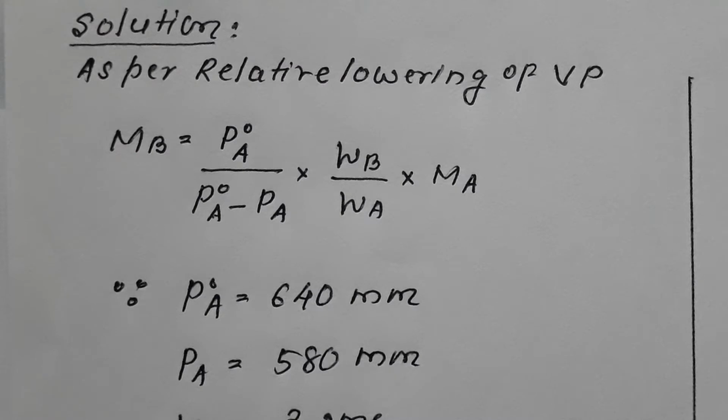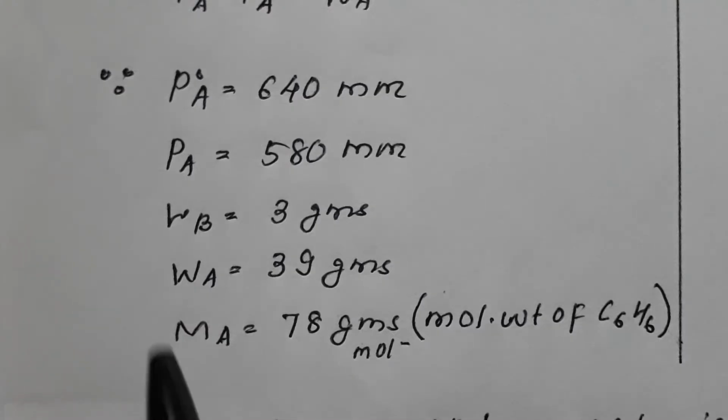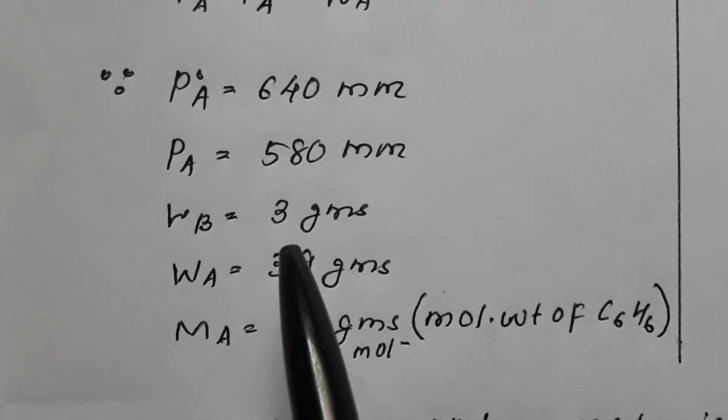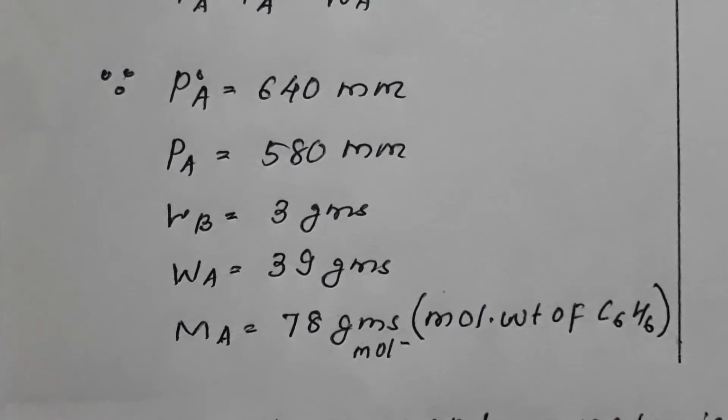Now in this equation we have been given P0A, the vapor pressure of pure solvent, which is 640 mm. The vapor pressure of solution is 580 mm as given. The weight of the solute taken is 3 grams. The weight of solvent, which is benzene, is 39 grams.